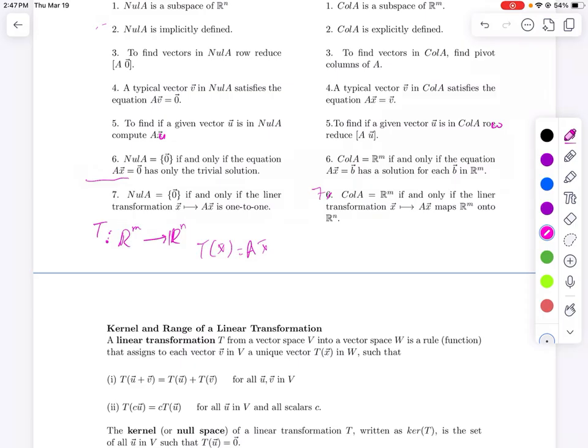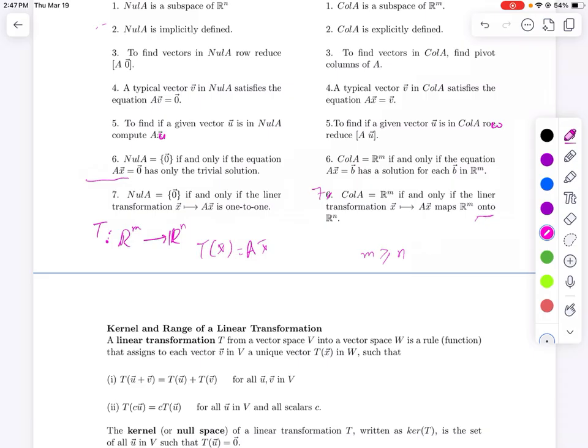This can happen only when m is greater than or equal to n. If m is less than n, then we cannot have an onto. We might have a 1 to 1, but we cannot have an onto relation.